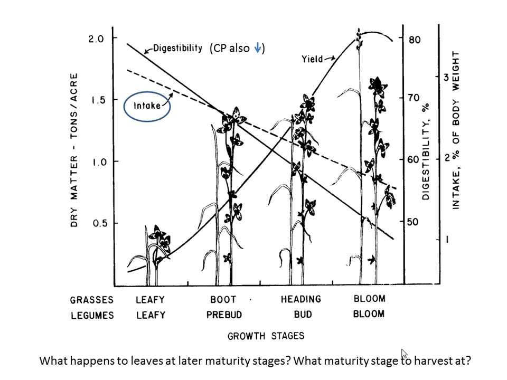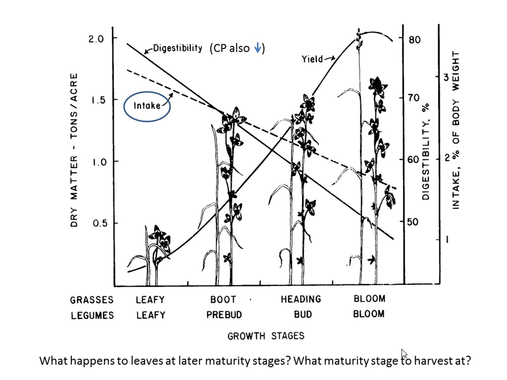If you stripped them off and dried them and weighed them, do you think there are many more leaves here than there are here than there are here? About the same. But what's contributed to this yield? If the leaves didn't change, what changed? The stem. We got more stem here than we did here, than we did here, and certainly than we did here. So think about an awful lot of what's going on as these forage plants mature is stem production.